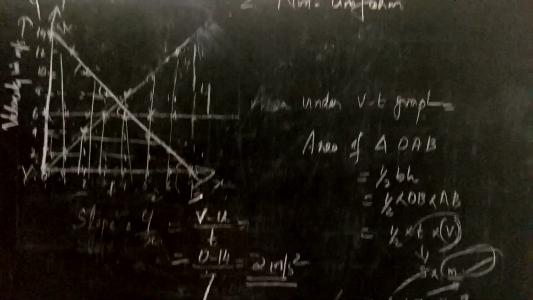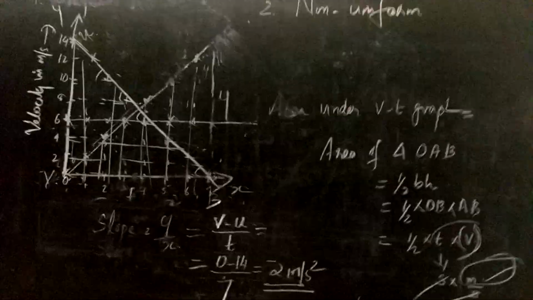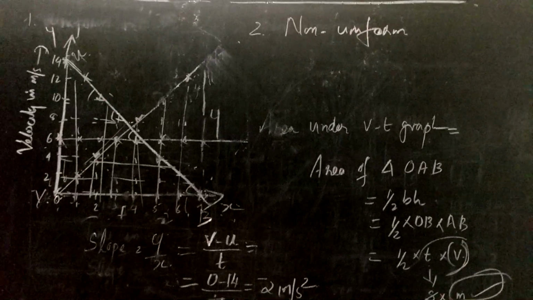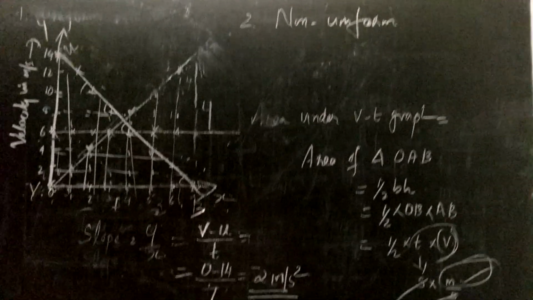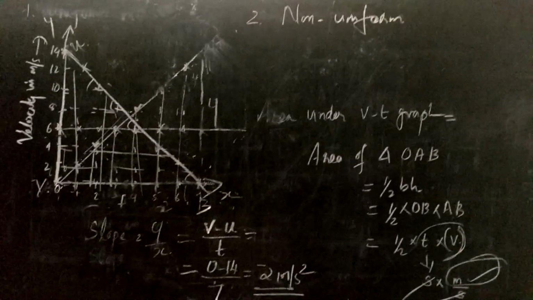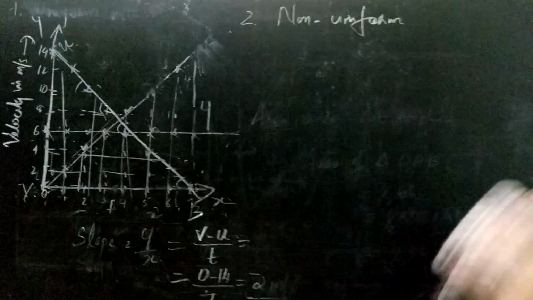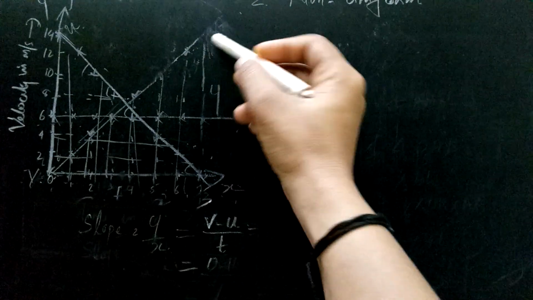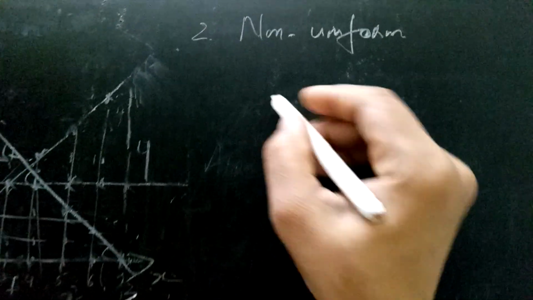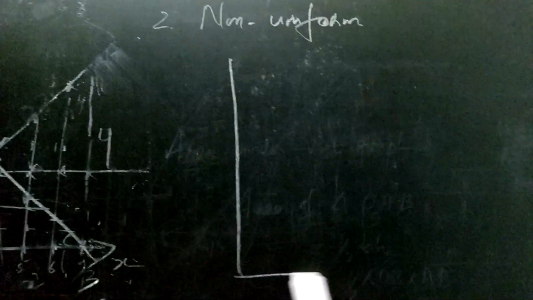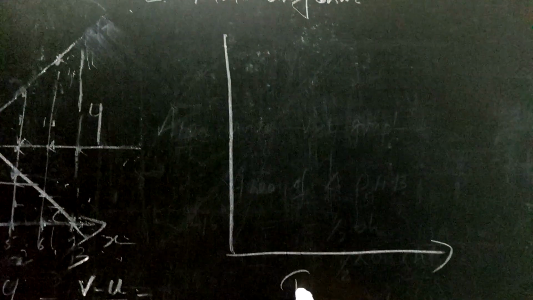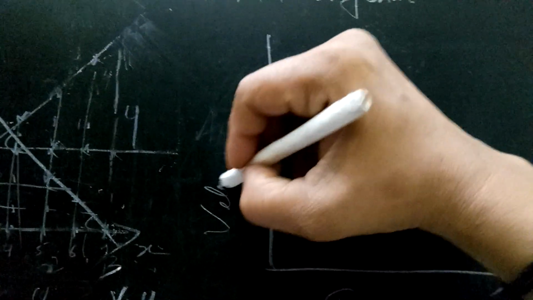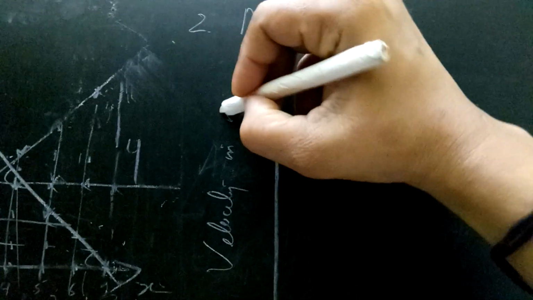Now we can discuss the velocity time graph for a non-uniform motion which is initially not at rest, but its velocity increases uniformly. This is similar to the second graph, but with one difference. Here time is in seconds, and velocity is in meter per second.